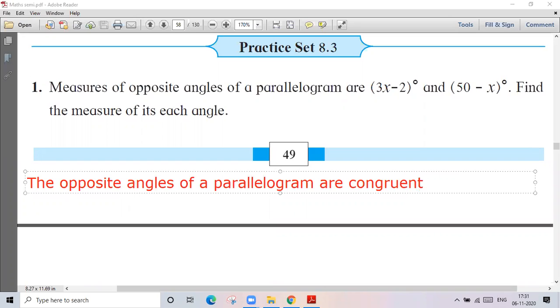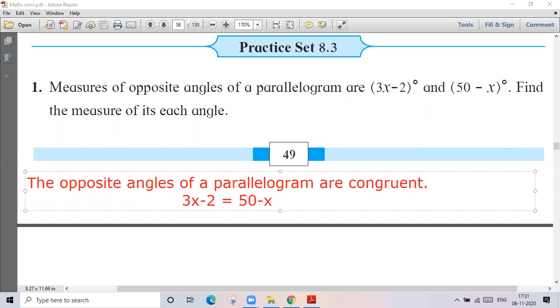They are congruent. That means we can write that 3x minus 2 is equal to 50 minus x. Right? 3x minus 2 is equal to 50 minus x.